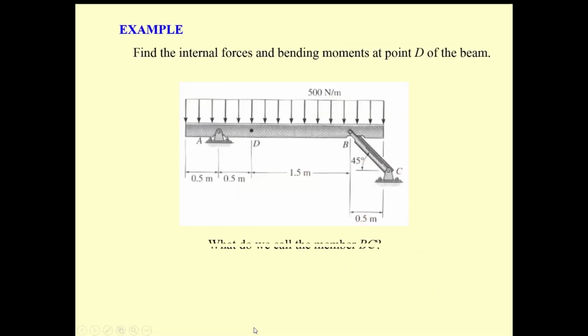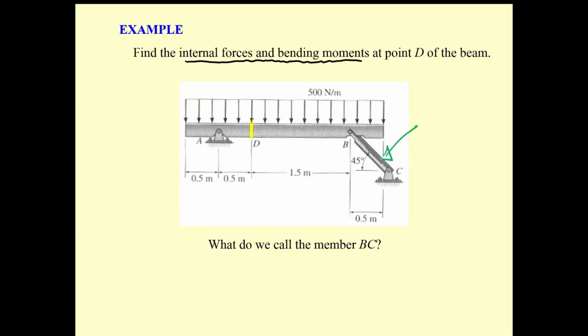Let me move you to this one, and I assign you to start thinking by yourself to determine the internal force and bending moment for this beam section. It's going to be easy. This one is just a bit different from the previous study by adding this member.